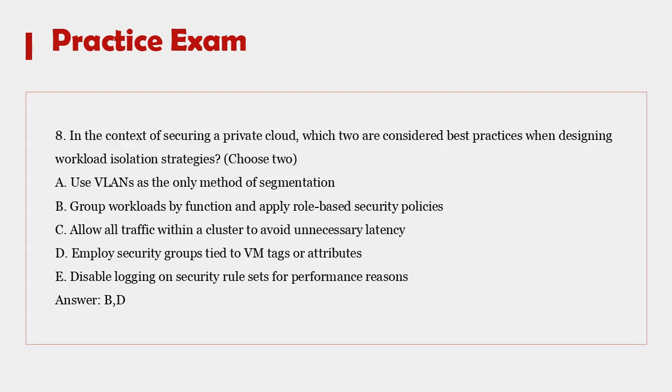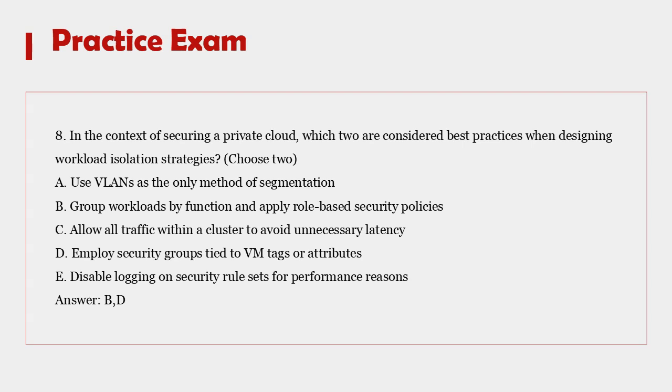8. In the context of securing a private cloud, which two are considered best practices when designing workload isolation strategies? Choose 2. A. Use VLANs as the only method of segmentation. B. Group workloads by function and apply role-based security policies.